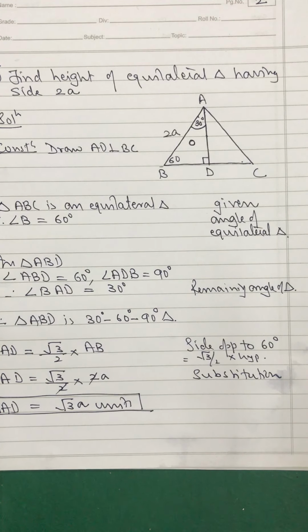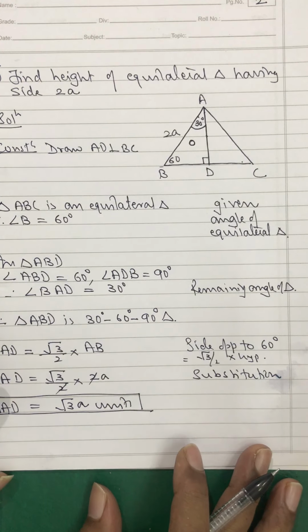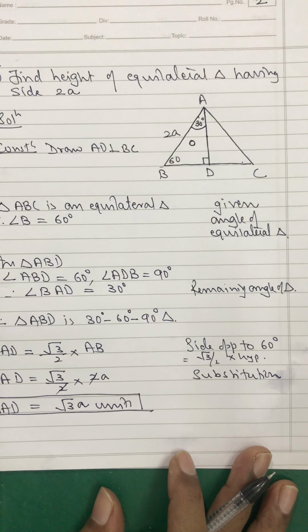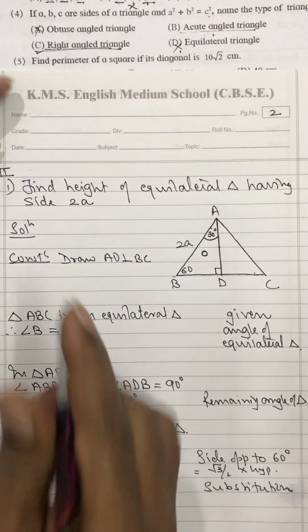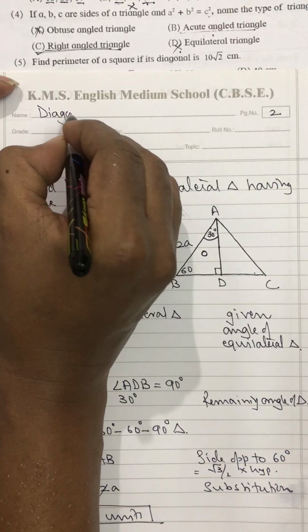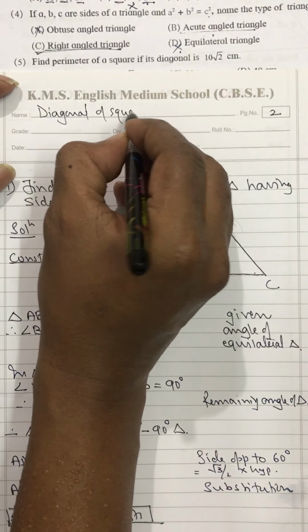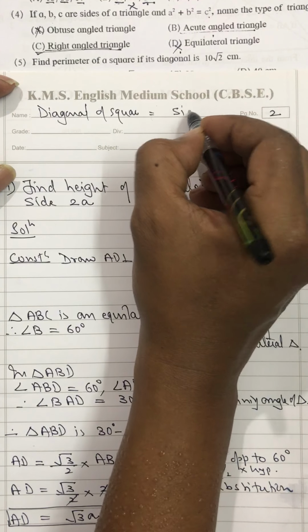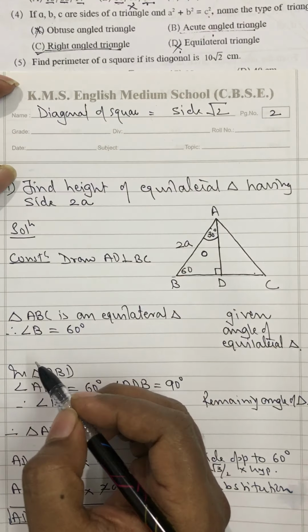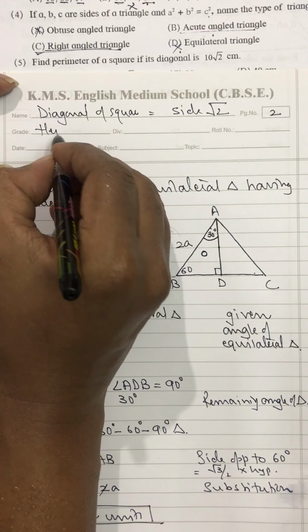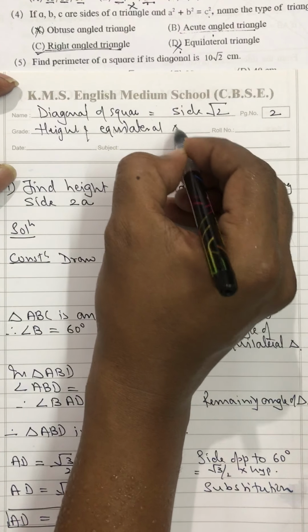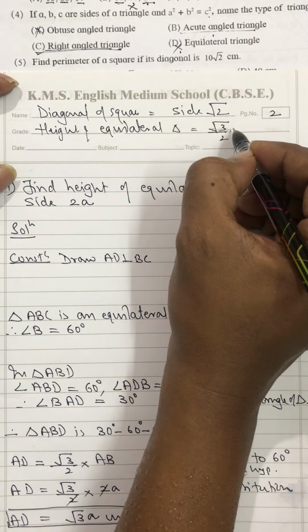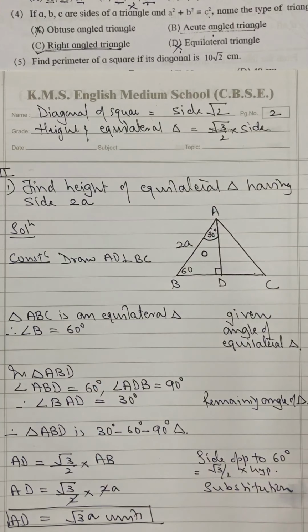See my dear student, this is basically side root 3. This is another formula that you have to understand. Actually, root 3 upon 2 times A is the formula. Try to understand: you have to remember that the diagonal of a square is always equal to side root 2, and the height of an equilateral triangle is always root 3 upon 2 times its side.